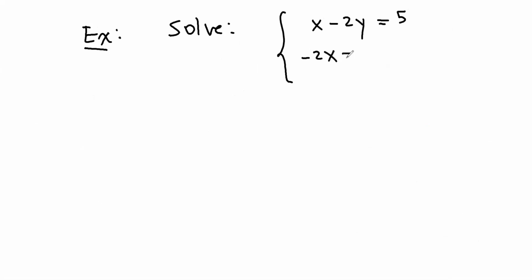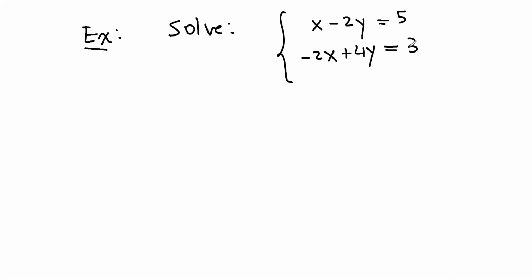Let's look at another example. We have an equation x minus 2y equals 5, and another equation, negative 2x plus 4y equals 3.